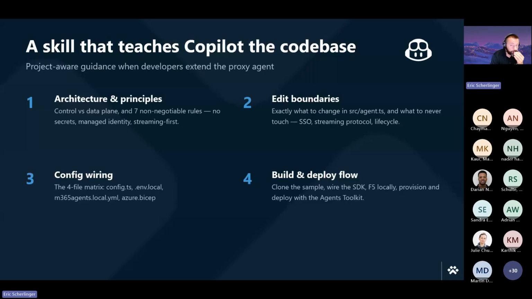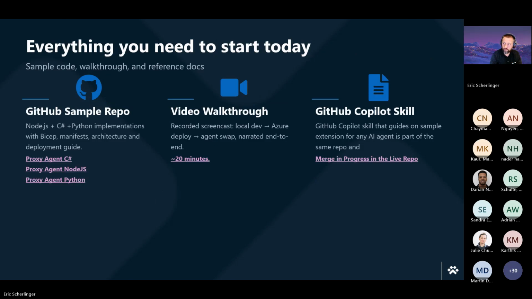And obviously, if you need to break down that deployment into more granular actions, because you're working in an enterprise and you can't have a single admin that can run every script, it will definitely help you do that. And it will also help you with how to clone, how to deploy, how to use the F5 and provision, thanks to the agent toolkit we were mentioning. So everything you need to start today.